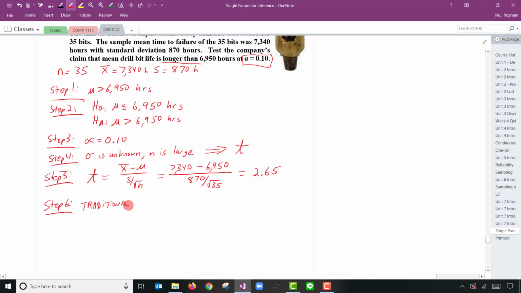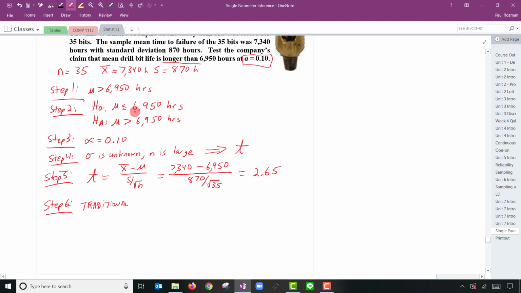I'll do traditional and p-value. Again, you would never do both at once. Just trying to teach you both methods. Is this a two-tailed test? One-tailed test? If it is one-tailed, which direction is it? We'll take a look at this thing. The null hypothesis is that the mean is less than or equal to 6950.